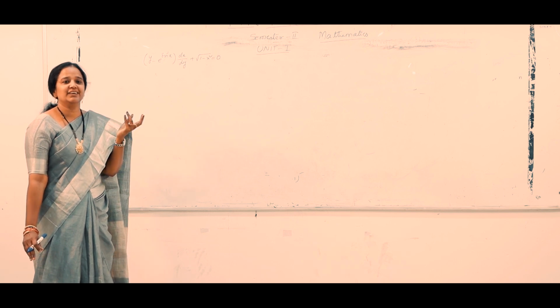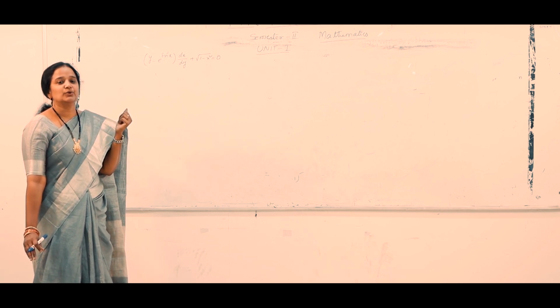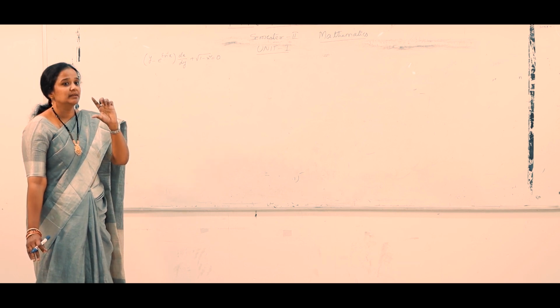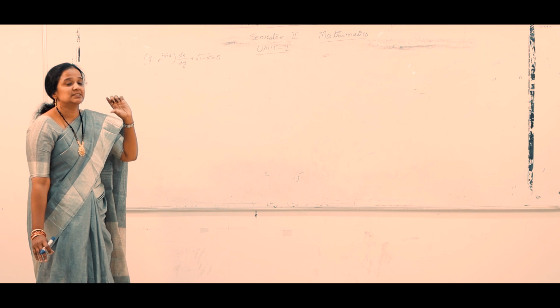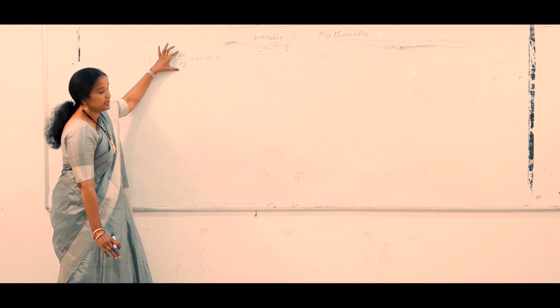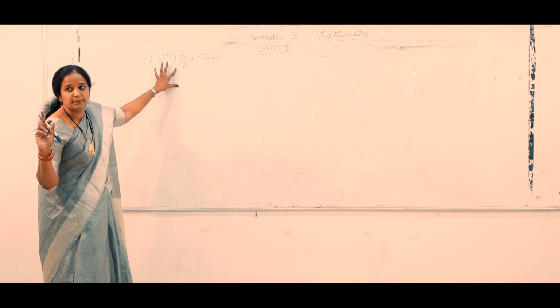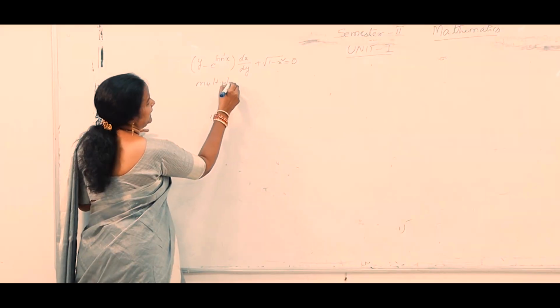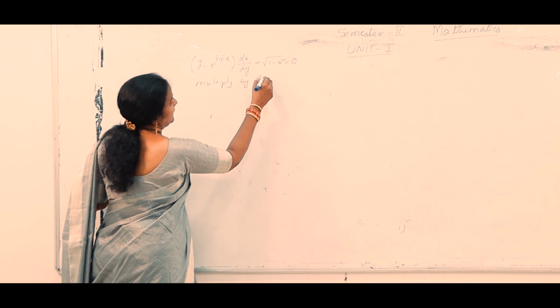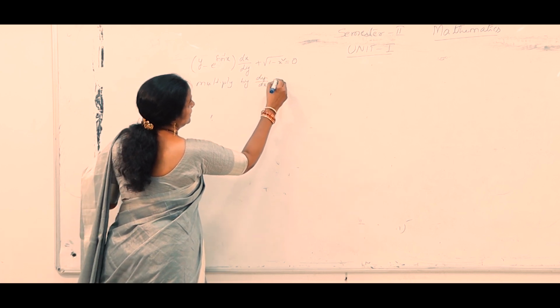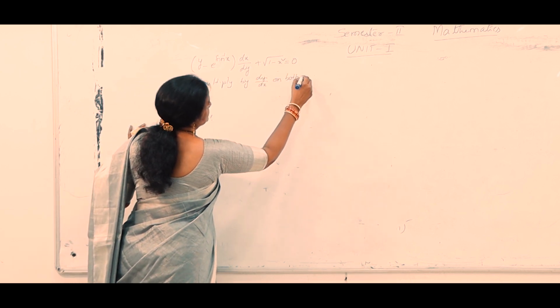So how to identify the dy by dx form? How to identify a linear equation? First of all, what will we do? First, the dx by dy term: we multiply by dy by dx on both sides.